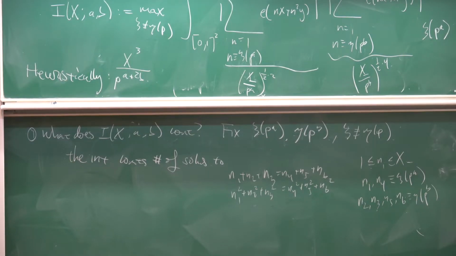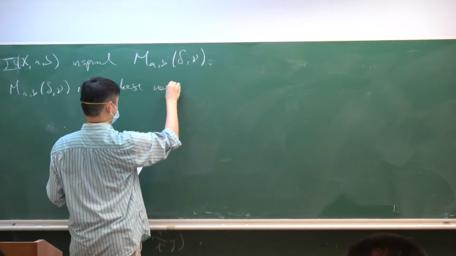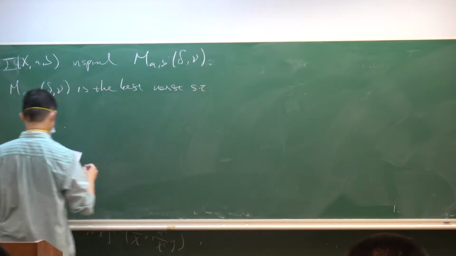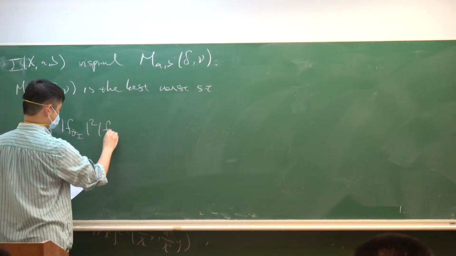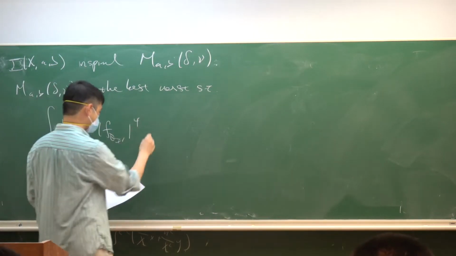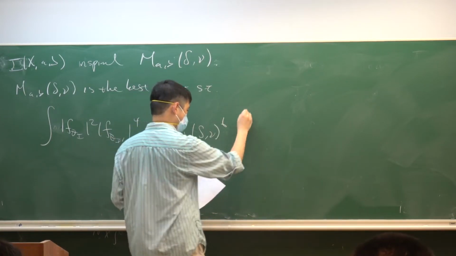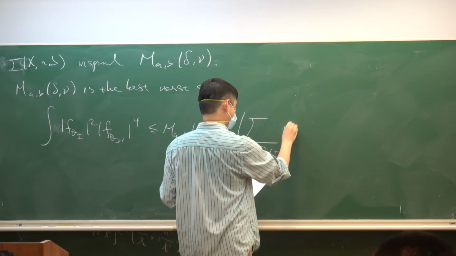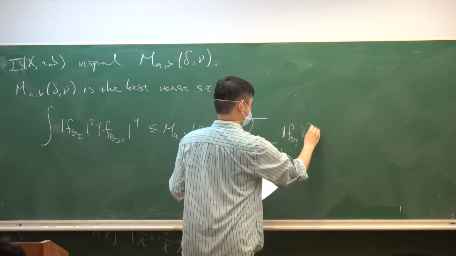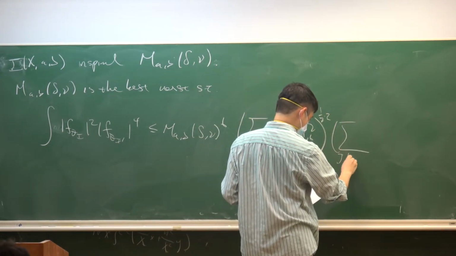So what is that? So M of a, b is the best constant such that the integral of f theta I squared times f theta I prime to the 4 is less than M of a, b delta to the nu to the 6 times, I decouple I into intervals of size delta and I decouple I prime into intervals of size delta.